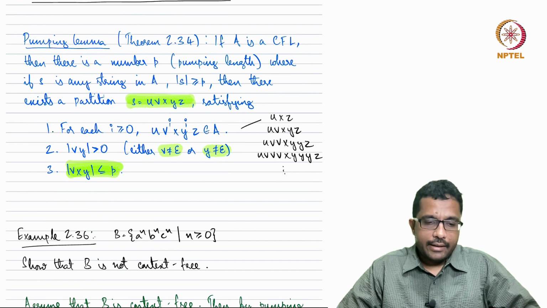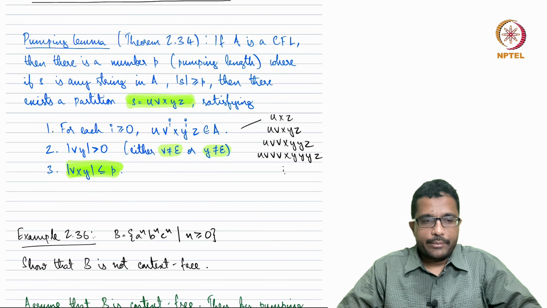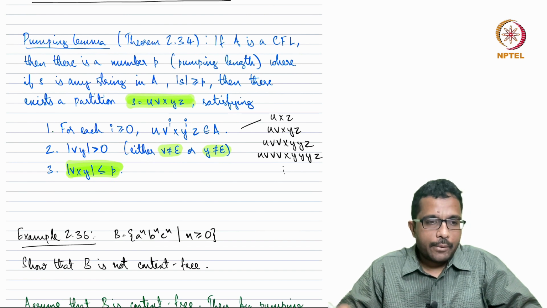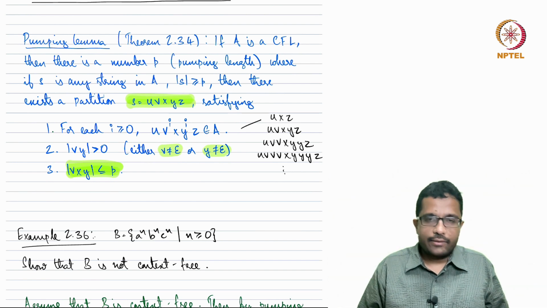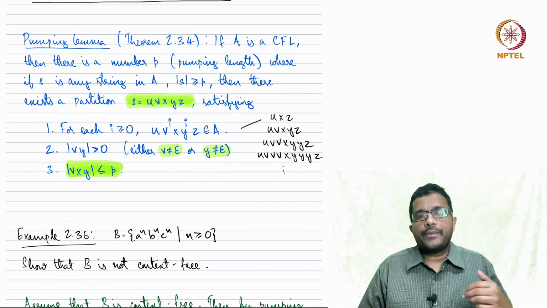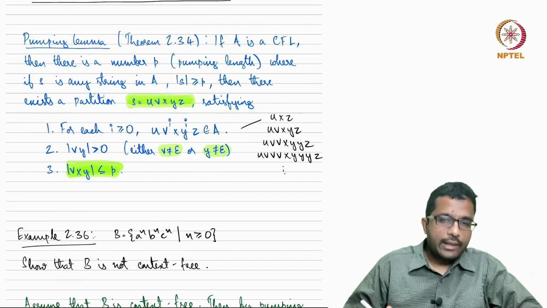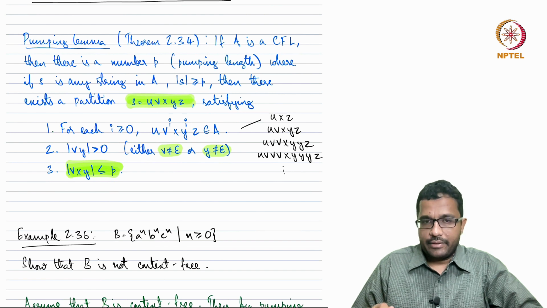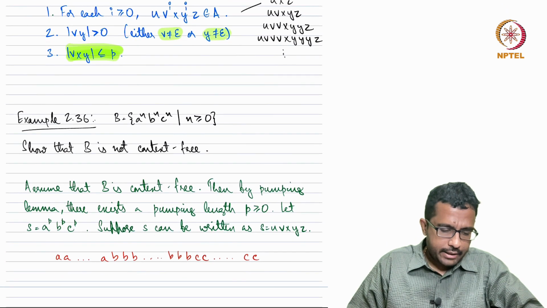This choice of the string is usually the most creative step. We'll have to come up with a string which cannot be split in a way that satisfies these conditions. So the choice of the string is usually interesting, and that will help us show that the language is not context free.